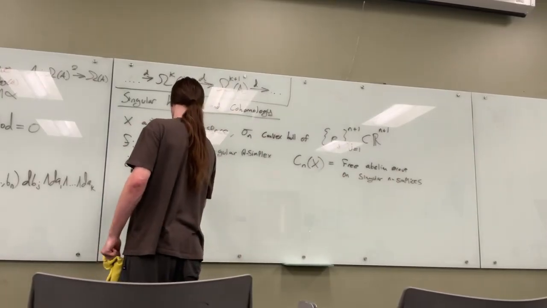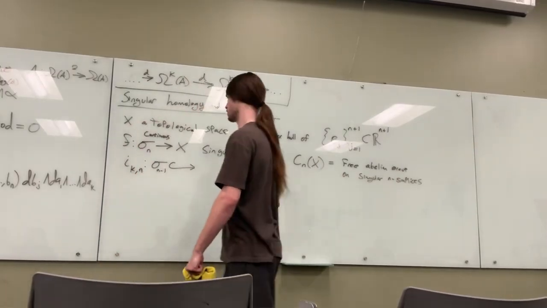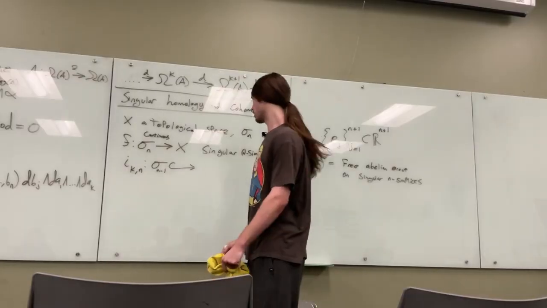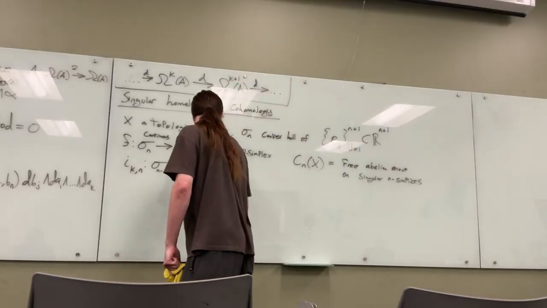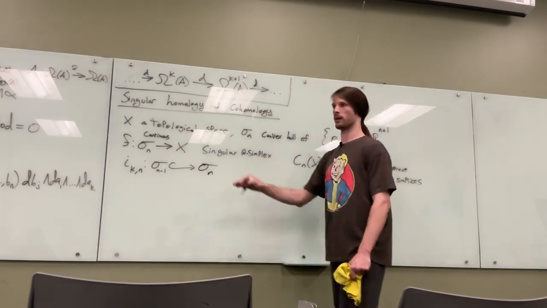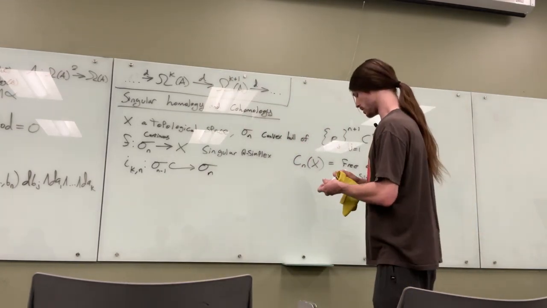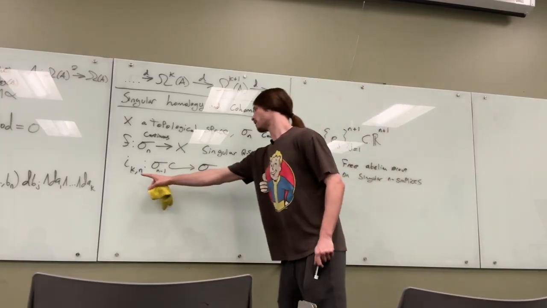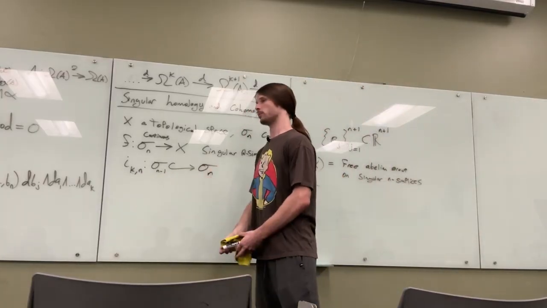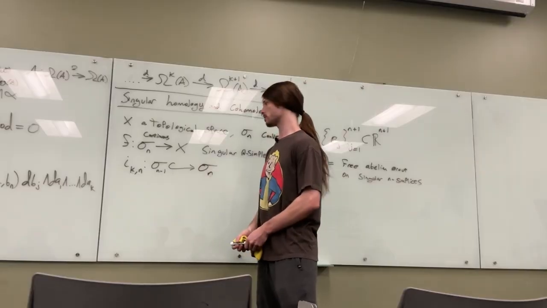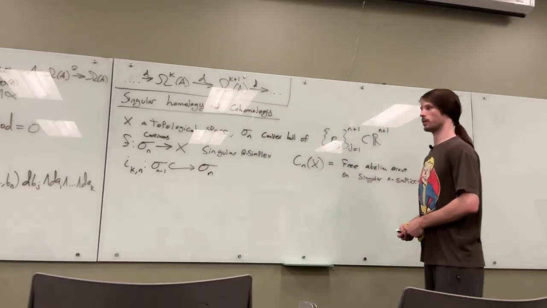I'm a category theorist, so I got to use my curly arrows. That's how you know that I know category theory. Okay. So that right hook arrow just means inclusion, usually, or embedding. So this is just the embedding of the kth face into my n simplex. So it has n plus 1 faces, and you embed each one of them.